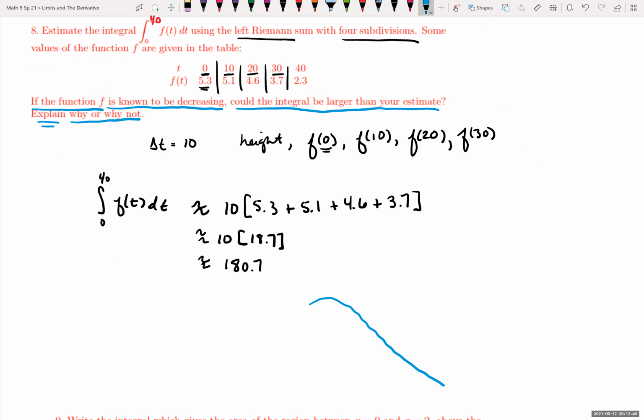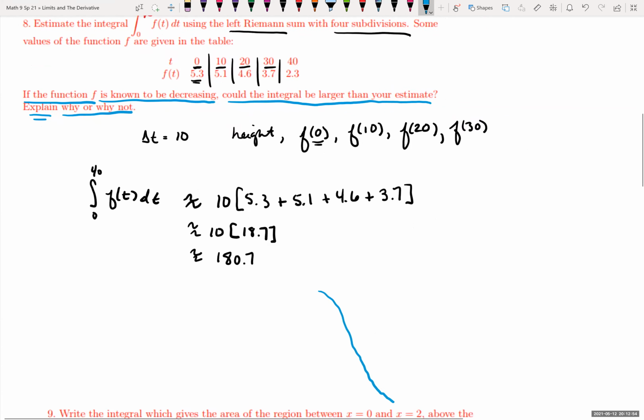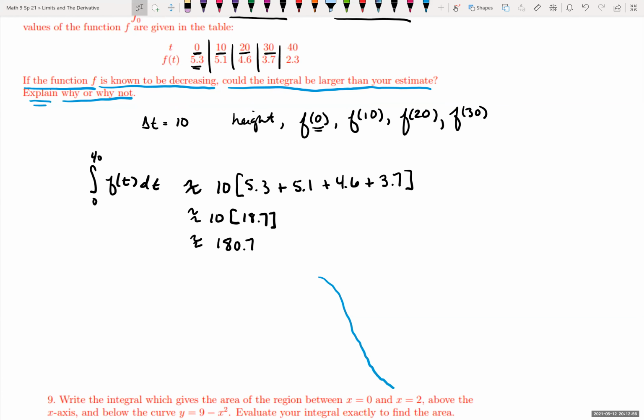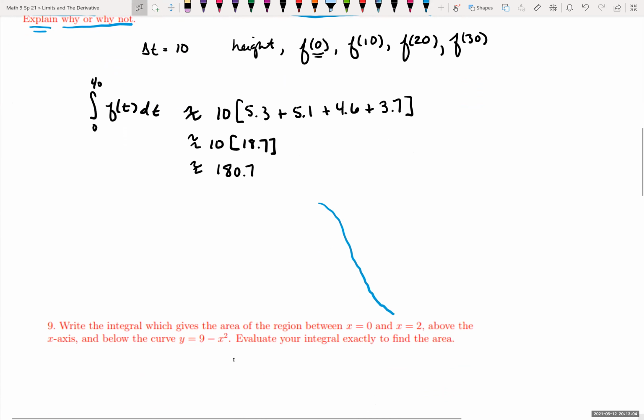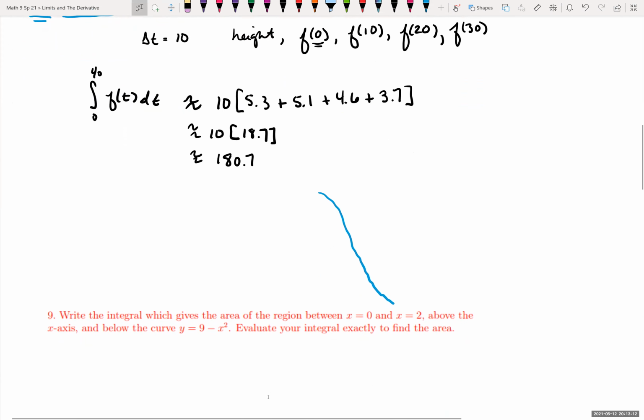Starting to decrease, that has a little bit of increase. Who knows, but it's still decreasing. And we want to look at left-hand endpoints. Sorry, trying to give myself some more room.